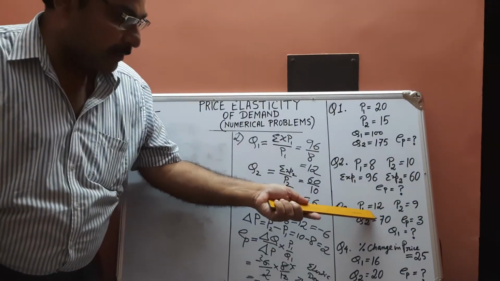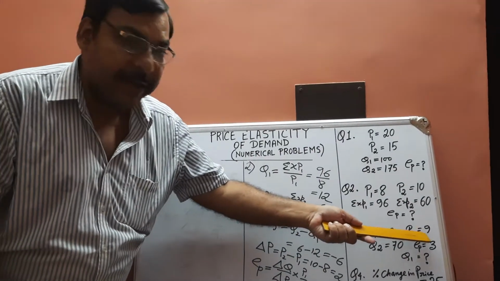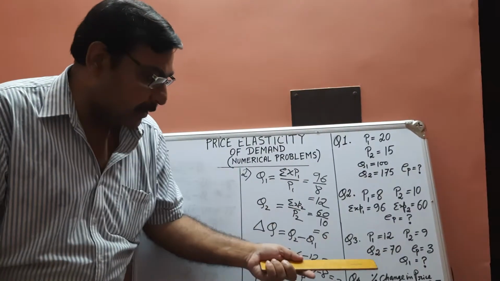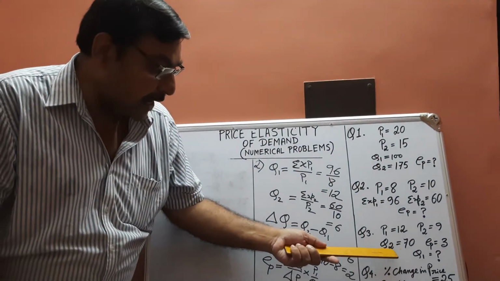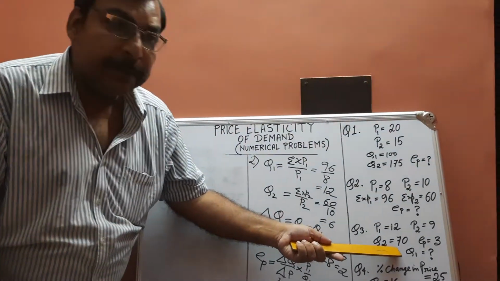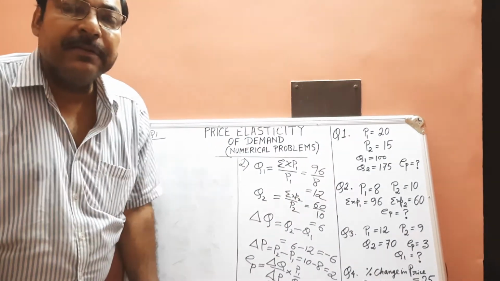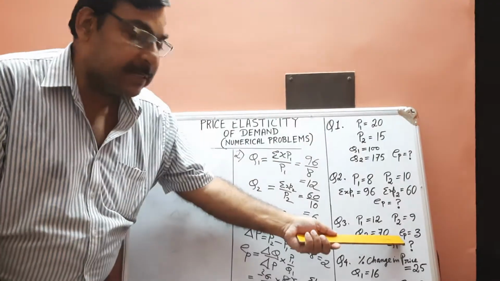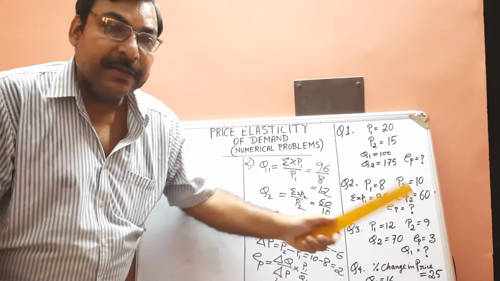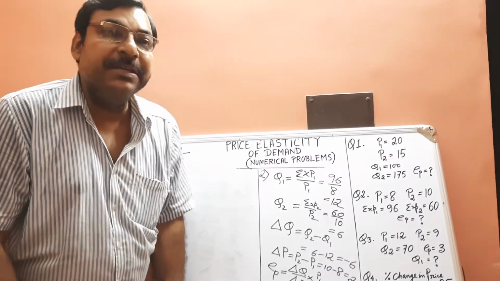P1 is given as 12 and P2 is given as 9; the price is reduced from 12 to 9. Q2, the changed demand, is given as 70, but the initial demand has not been given. You are given the price elasticity of demand, EP's value. Only you have to find out the initial demand here.